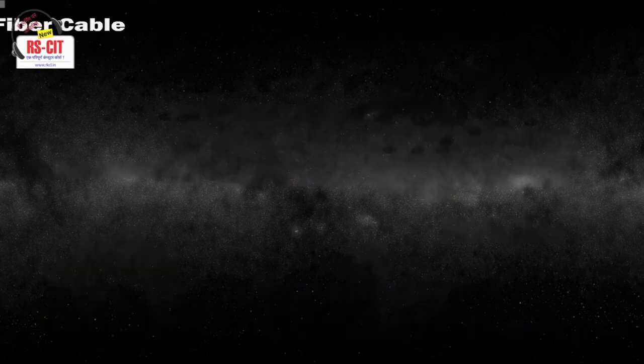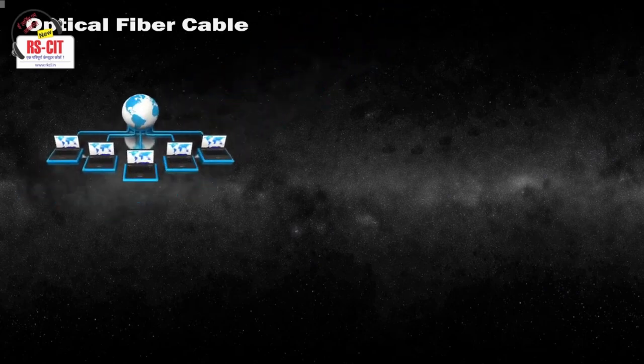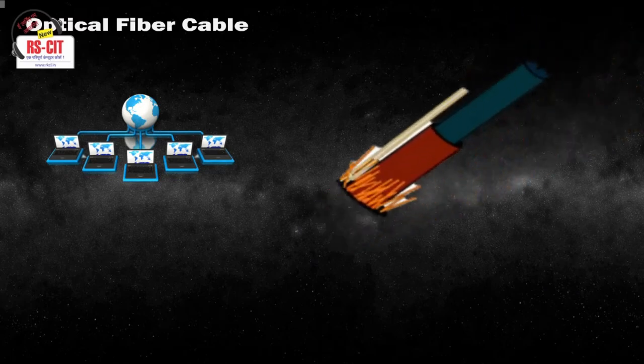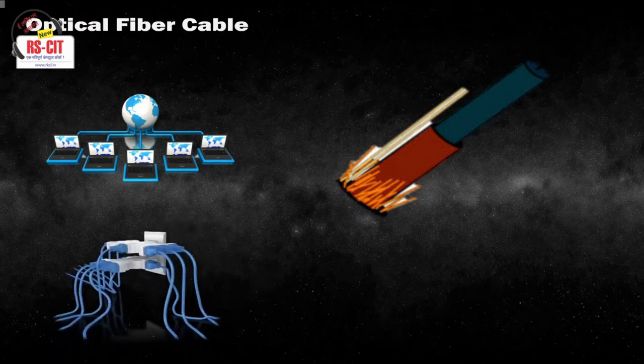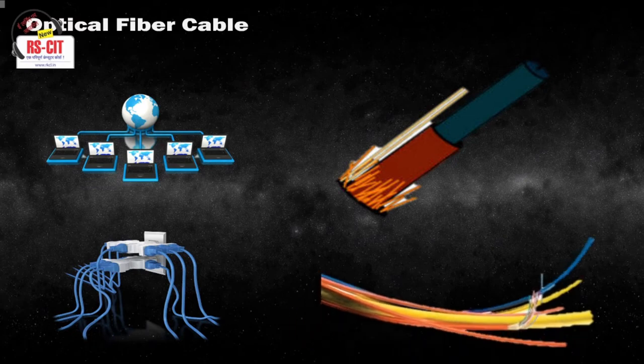Optical fiber. This technology uses glass or plastic threads, that is fibers, to transmit data. A fiber optic cable consists of a bundle of glass threads, each of which is capable of transmitting messages modulated onto light waves. Fiber optics has several advantages over traditional metal communications lines.